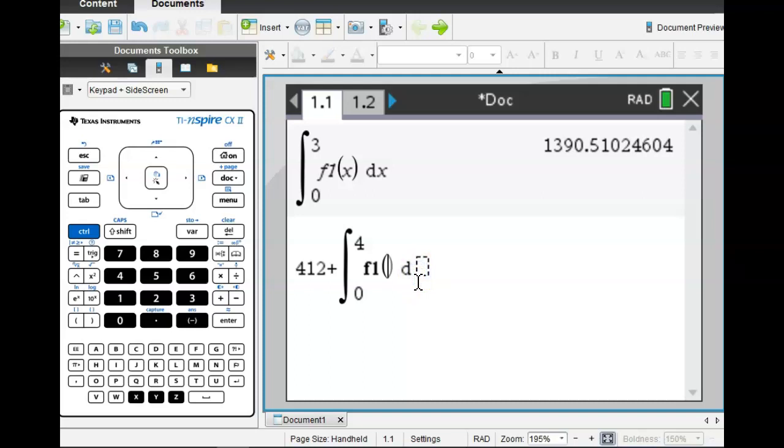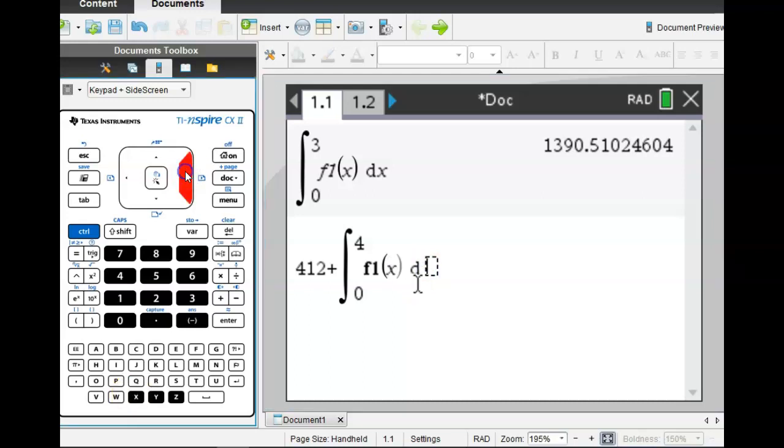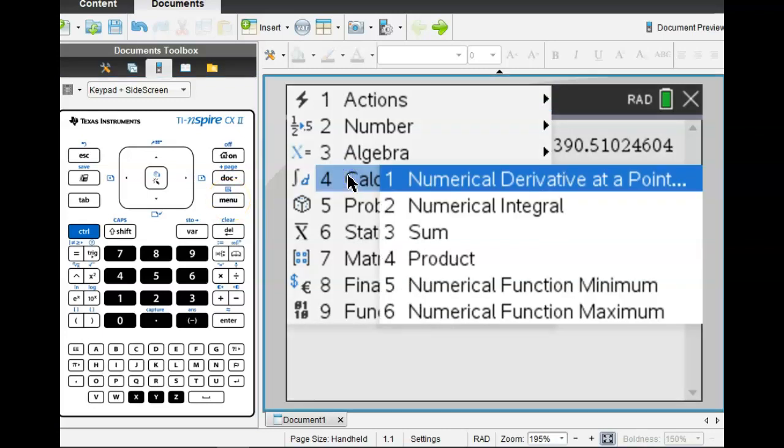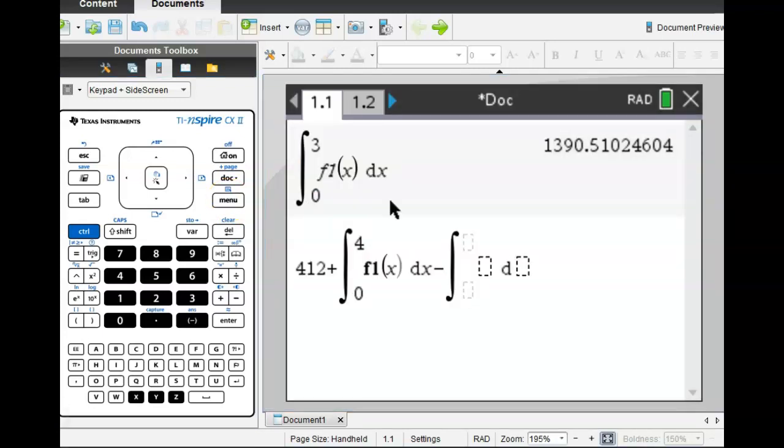F1 of x dx minus F2 of x, we're going from 2 to 4. Do you see the value in actually putting the equations in the graph and not having to retype the whole nonsense every time?